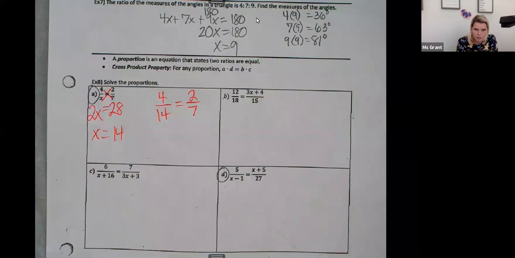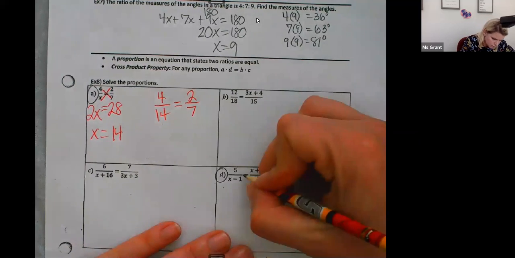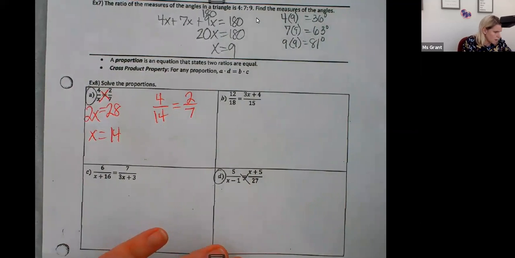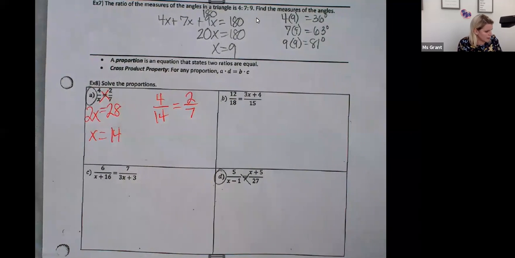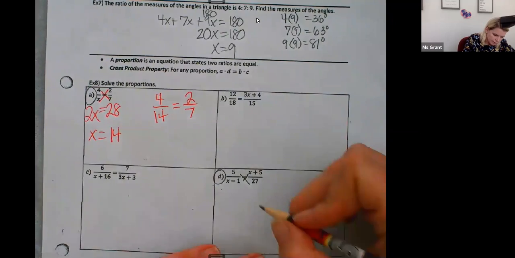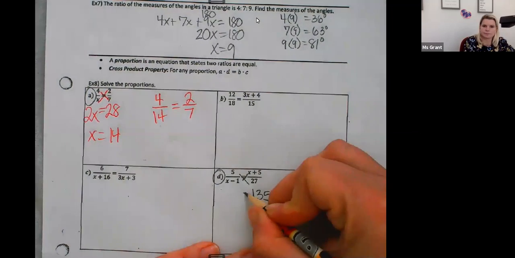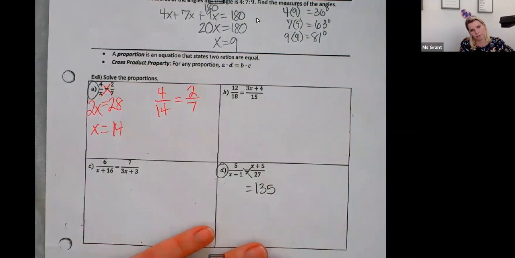On this last one, I have to do a little bit of FOILing. 27 times 5. I actually don't have my 27 memorized. Shame on me, right? 135. 27 times 5 is 135.